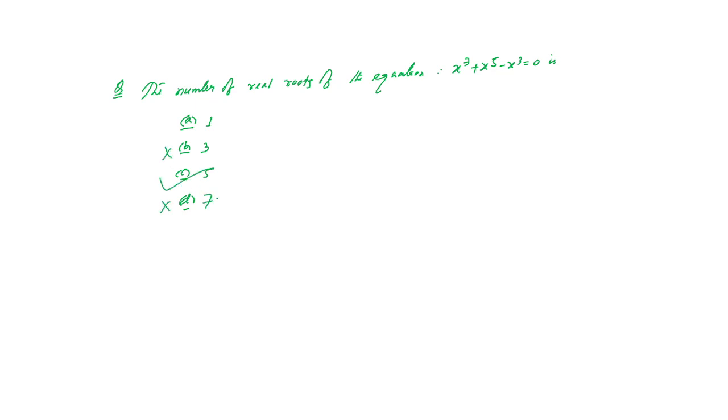So we have seen 0 is a root of multiplicity 3. The number of positive real roots is 1 and the number of negative real roots is 1. So the number of real roots will be 5.